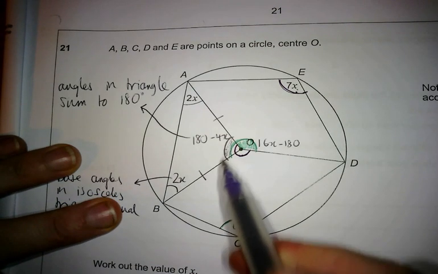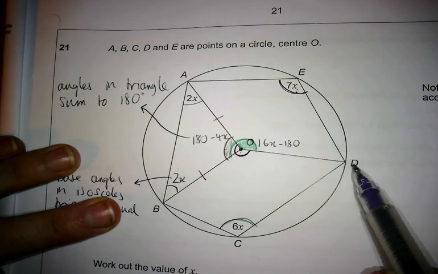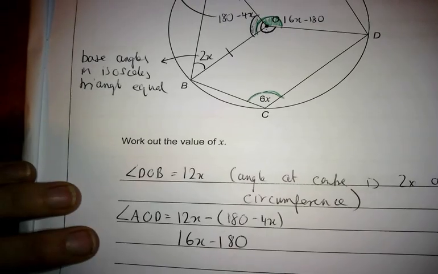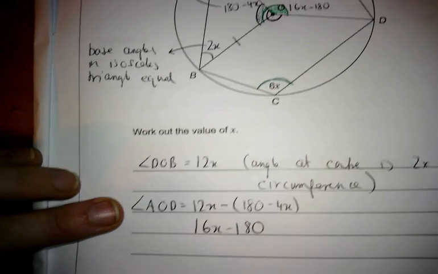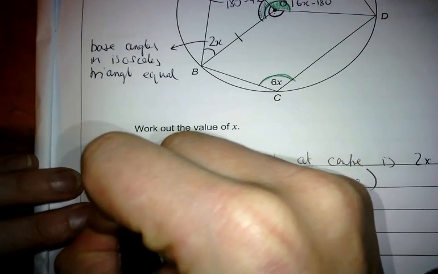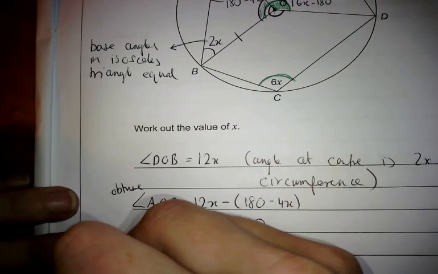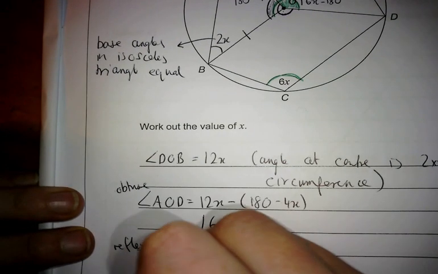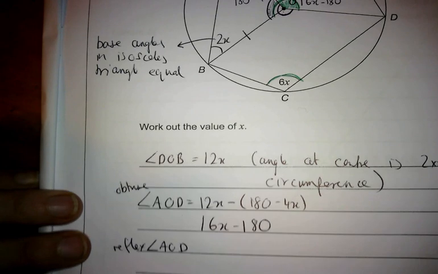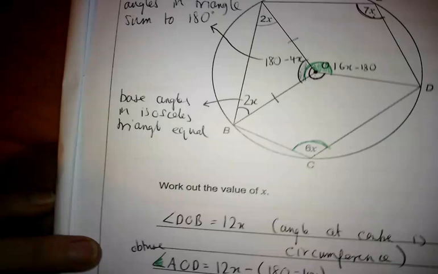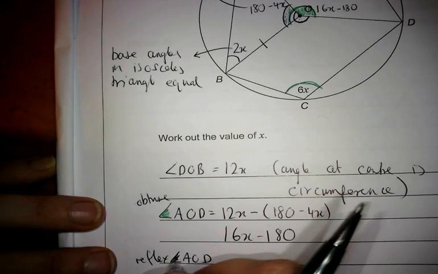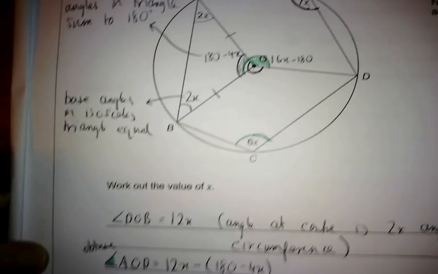I'm going to call this angle AOD, but it's the reflex angle. So this one, let's call this the obtuse angle AOD, and now we're doing the reflex angle AOD. And just so I keep track of my work, that was the green one that I shaded, and the obtuse one is this purple one.